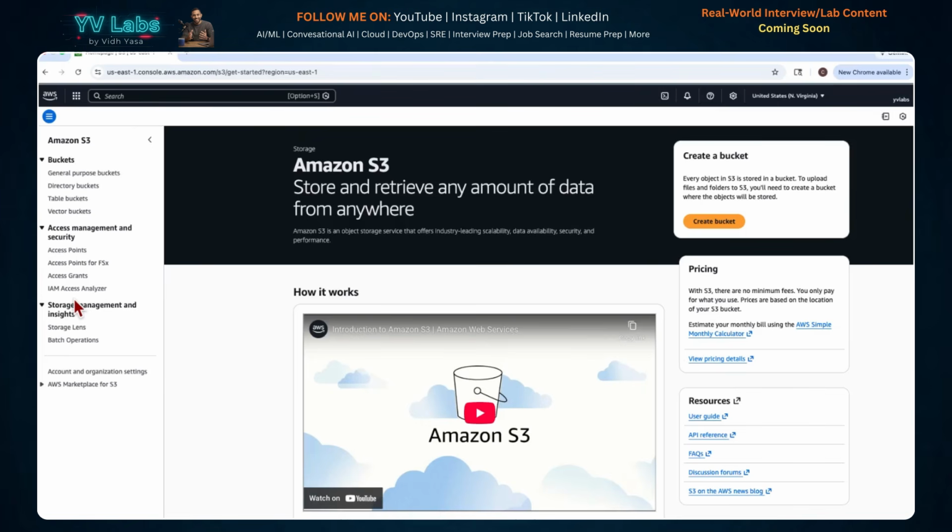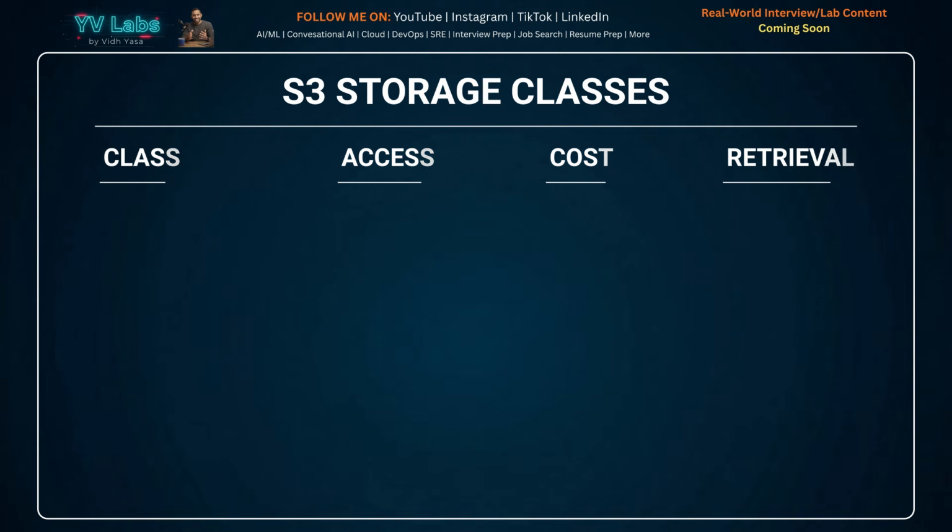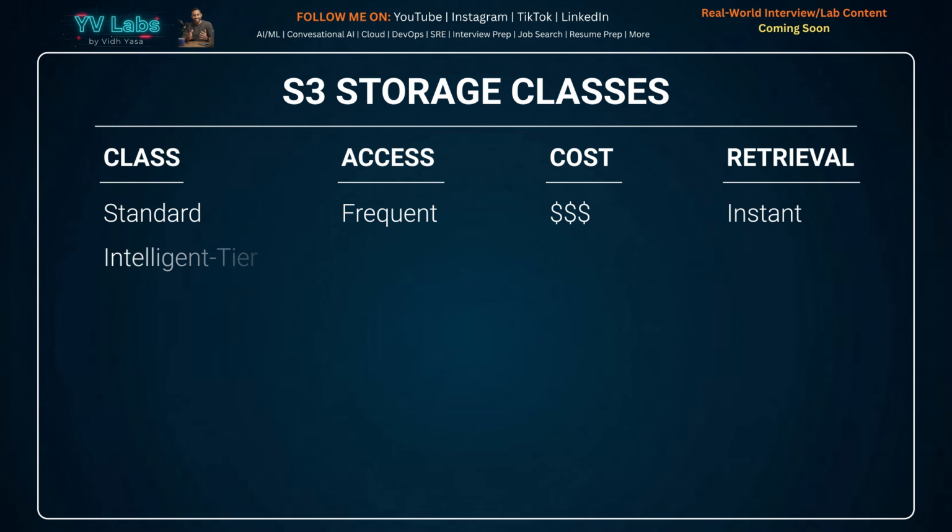And S3 has different storage classes based on how often you access the data. S3 Standard is for frequently accessed data, fast and reliably available, and readily available. S3 Intelligent-Tiering automatically moves data between tiers based on access patterns. It optimizes cost for you.